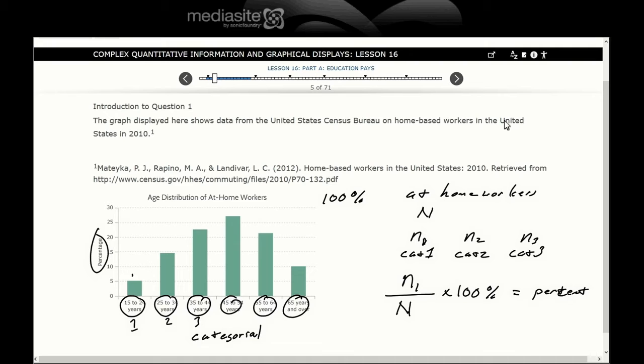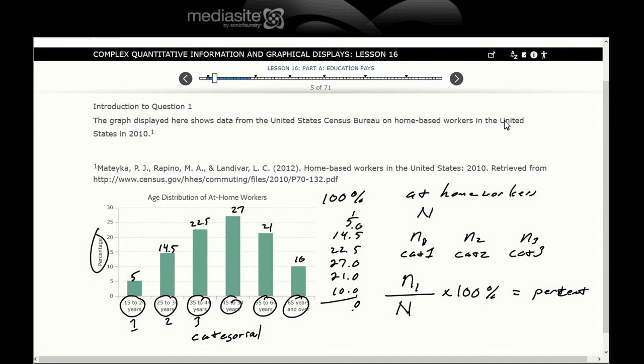So let's look. We have a 5% here. I'm going to call that 14.5. Let's call that 22.5. 27, 21, and 10, roughly. Let's add them up. 5, 14.5, 22.5, 27, 21, and 10.